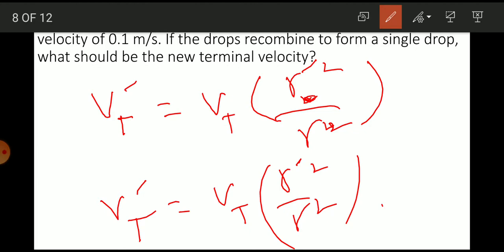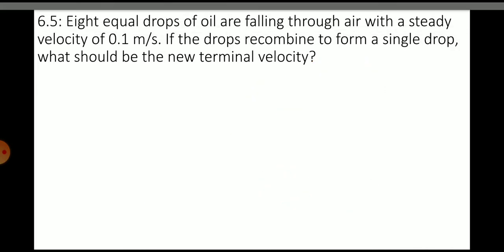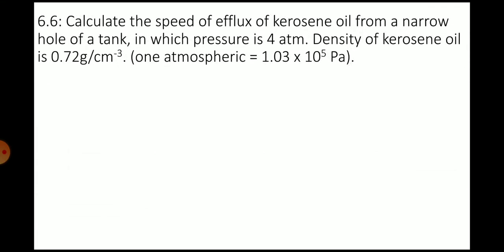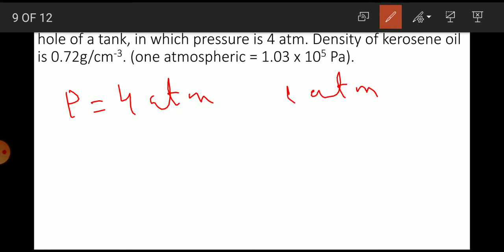Now numerical 6. Calculate the speed of efflux of kerosene oil from a narrow hole of a tank if the pressure is 4 atmospheric. One atm is the unit of atmospheric pressure, and you should convert it into Pascal, so in place of this you will write this value.